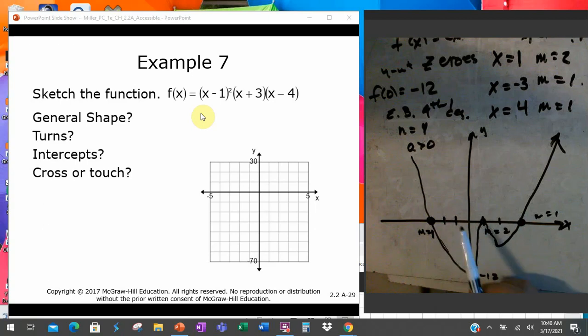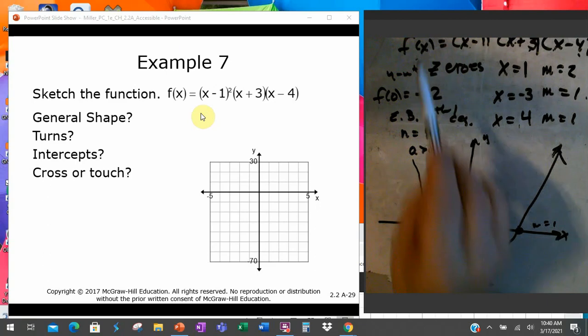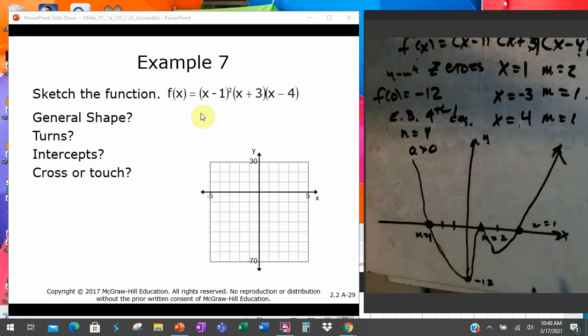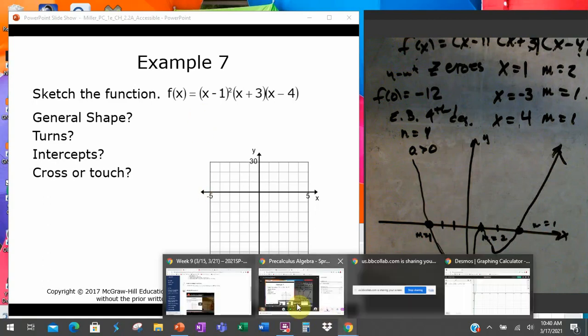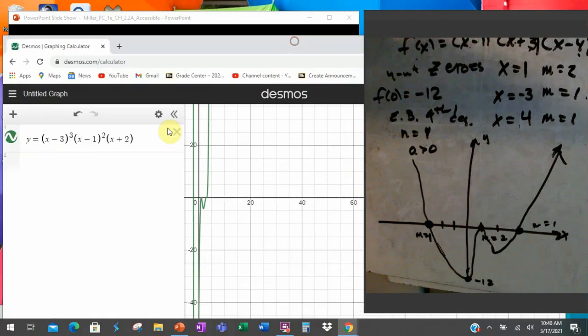And then if I needed more accuracy, I would just evaluate this at negative 2, negative 1, plot some points, and then finish filling that out. Okay. So if we did this real quick, I'm going to go back up here, get rid of this.